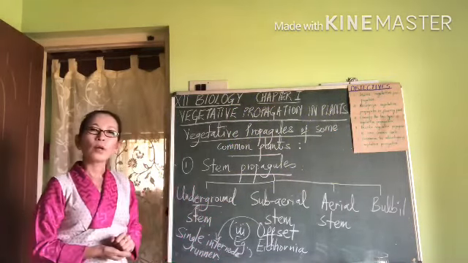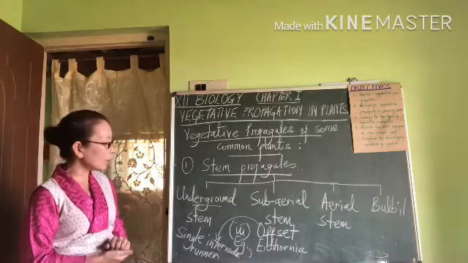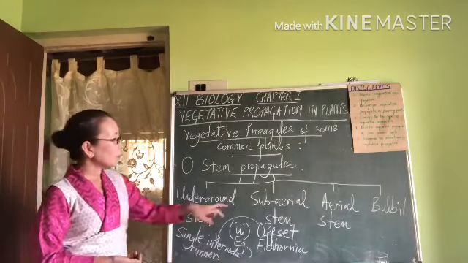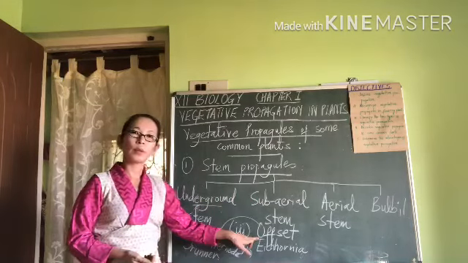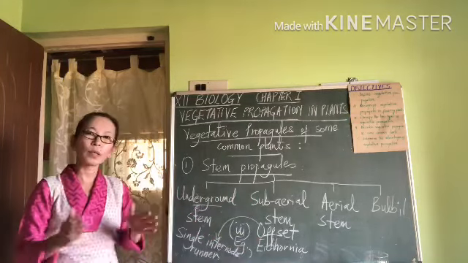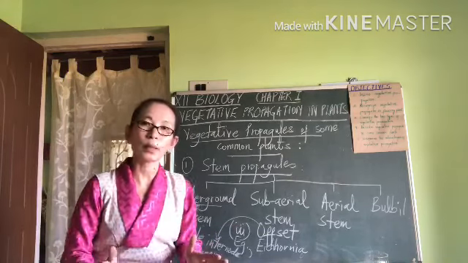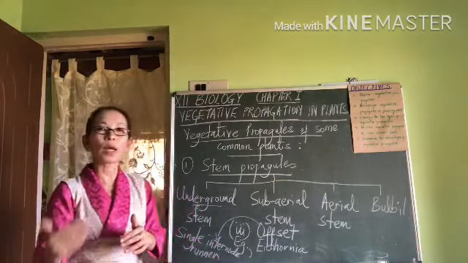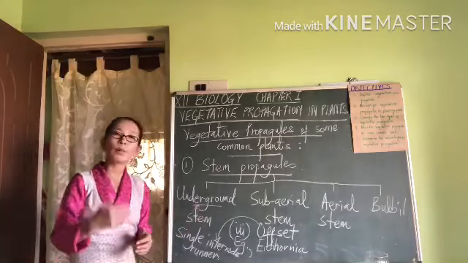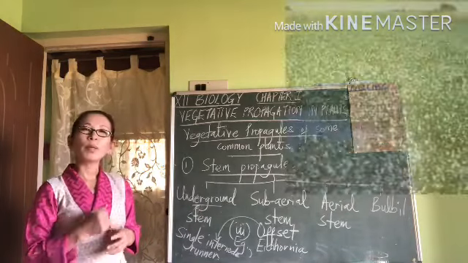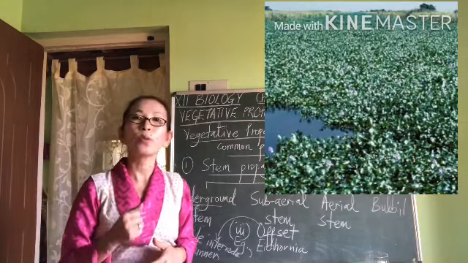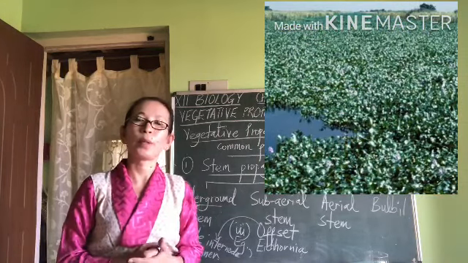But right now, because it has the ability to reproduce vegetatively, because these offsets, which are a modified stem of Eichhornia, on breakage can give rise to new Eichhornia or can propagate, Eichhornia has now become a very invasive aquatic weed.